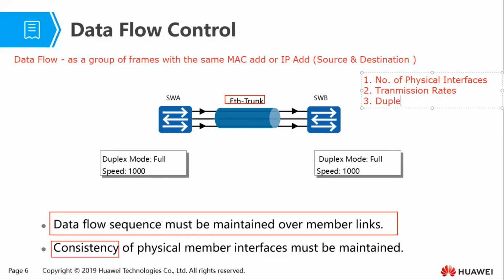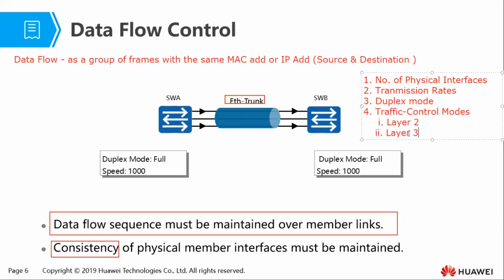The other one is the duplex mode. You already know what a duplex mode is. And lastly is what we call the traffic control modes. Especially when you're talking about switches, you can have a layer 2 switch or a layer 3 switch. Now, a layer 3 switch will support layer 3 interfaces and layer 2 interfaces.